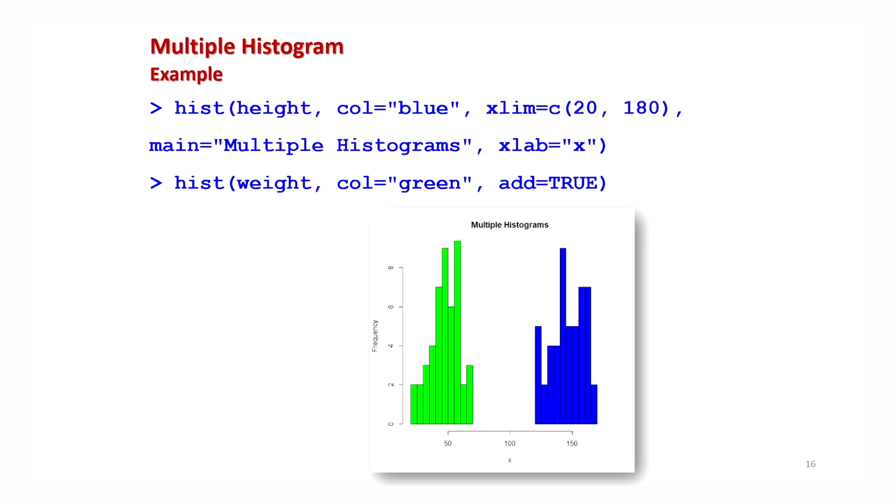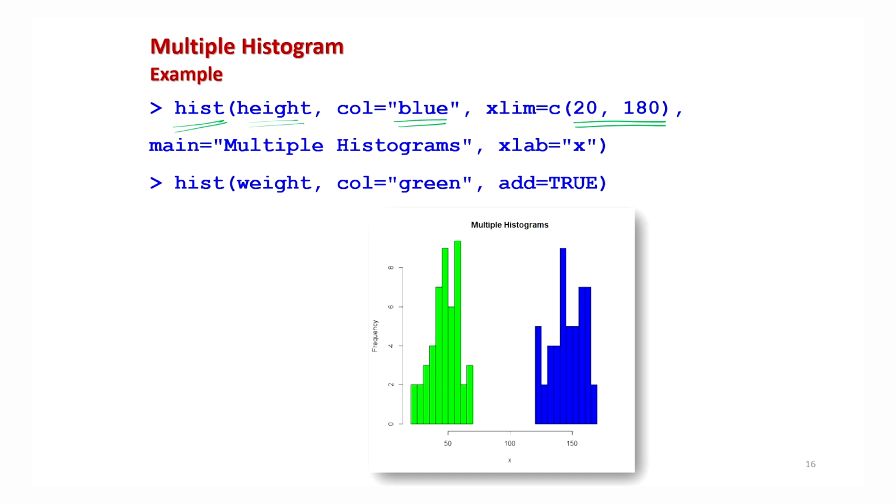Now we try to use the command hist, and first we try to plot the data of height, and I want to make it in blue color, and the range on the x-axis which I want to give is from 20 to 180, right.